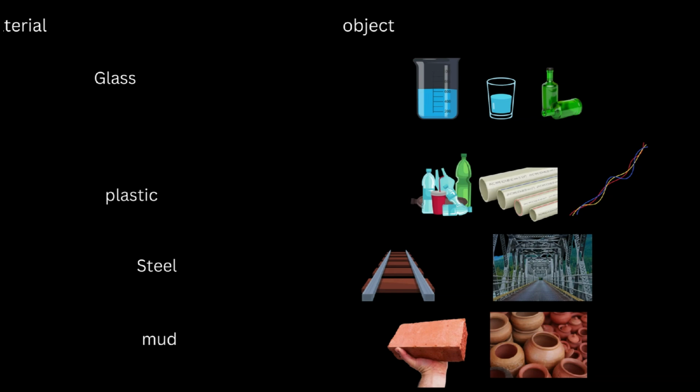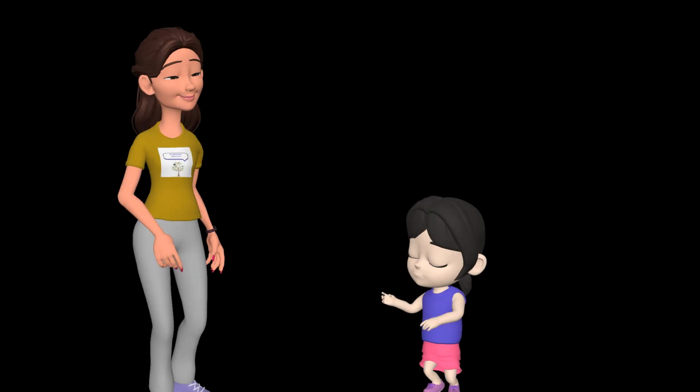Steel, which is only one single material, is used to make objects like rails, bridges, and so on. Mud, one single material is used to make objects like bricks, pots.